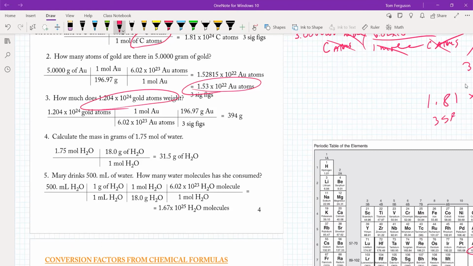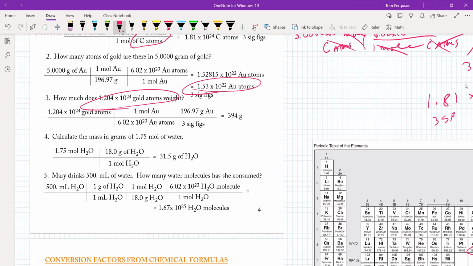There is no direct conversion from atoms to grams, but there is atoms to moles and moles to grams. Always a two-stepper here.